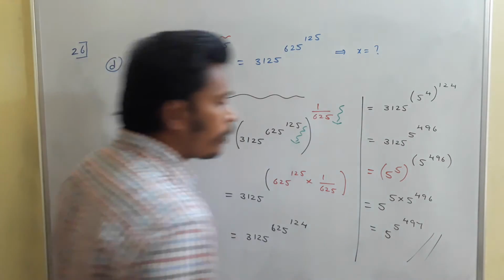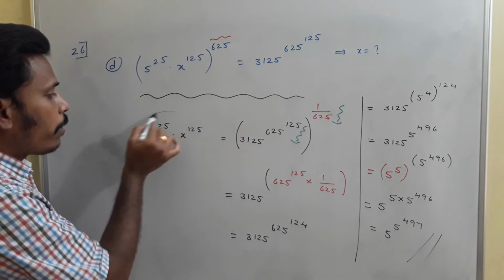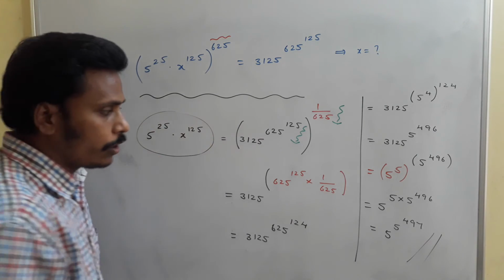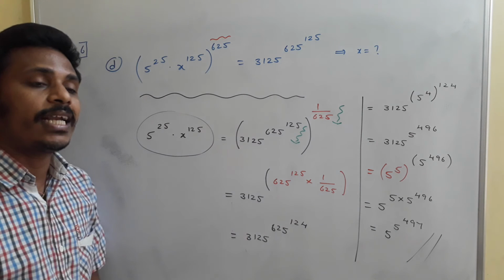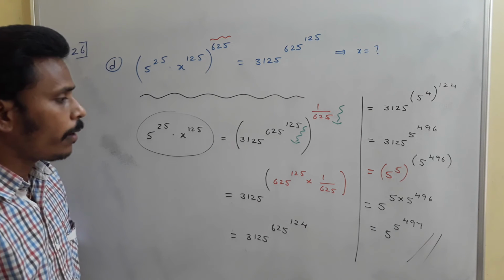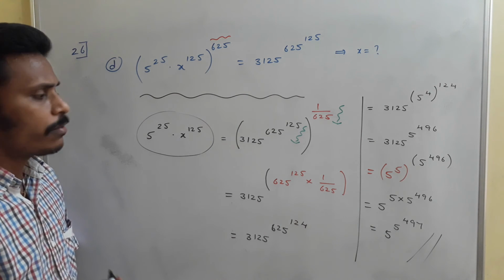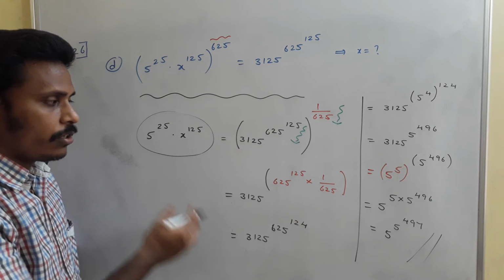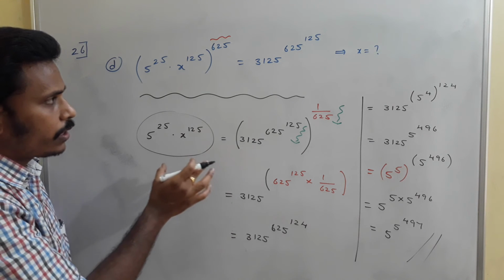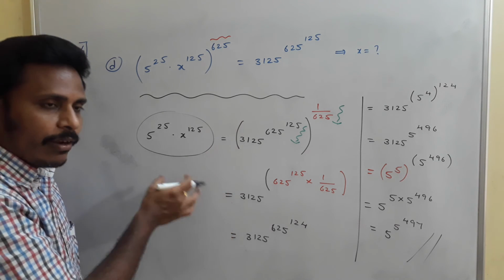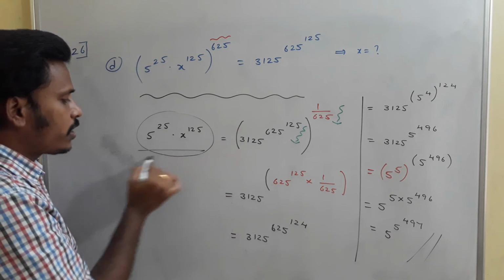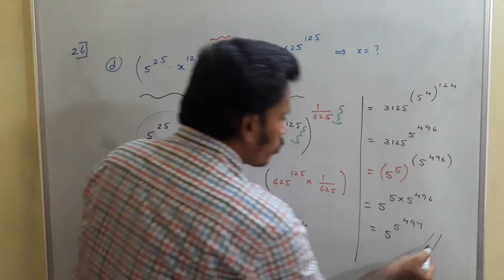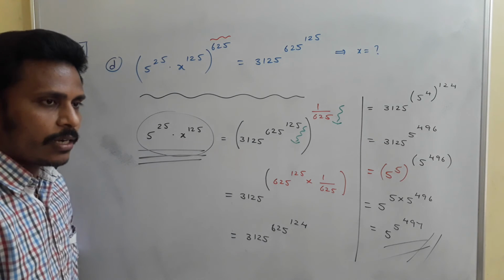Still there is something to solve. This is 5 power 497, and this part 5 power 25 is equal to 5 power 497. Okay, further, how to simplify. First of all, just note down this, and after this I will continue. I need to consider this left side part is equal to this 5 power 497.